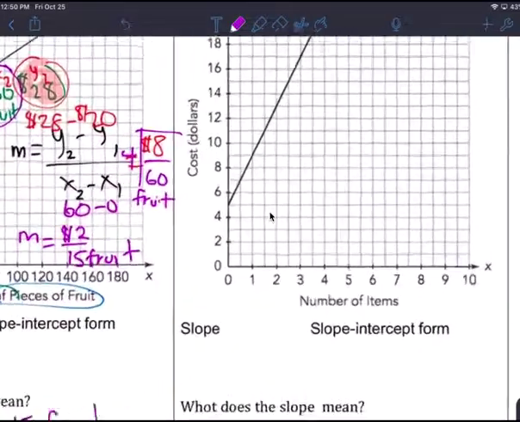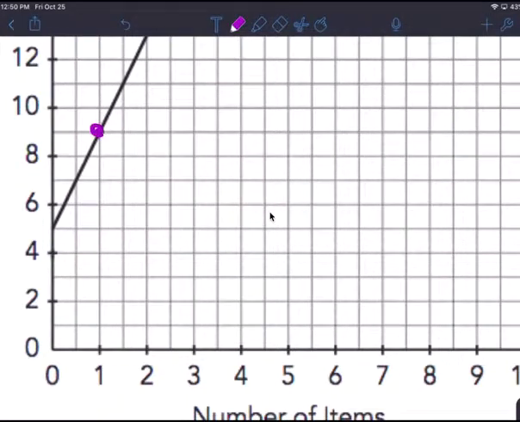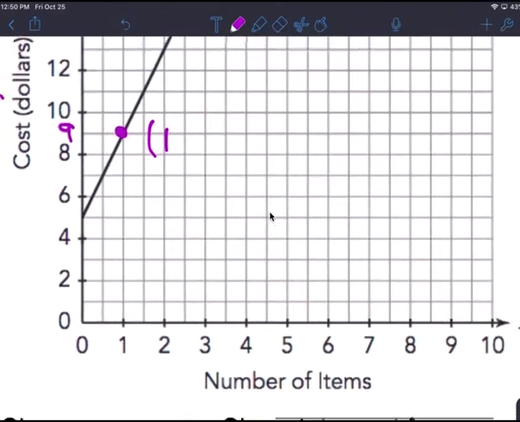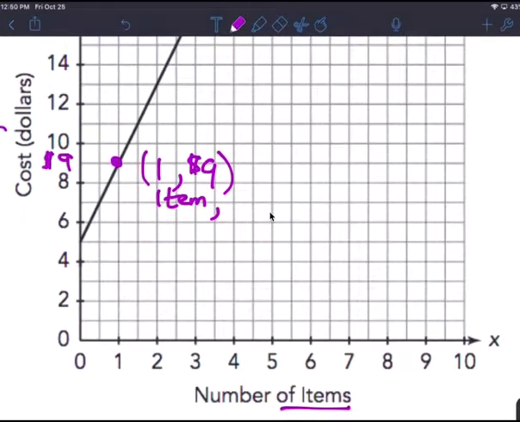Okay, same thing here. Let's do 2 points. 1, 9, 1 item, and $9. Two, 13, 2 items, you pay $13.